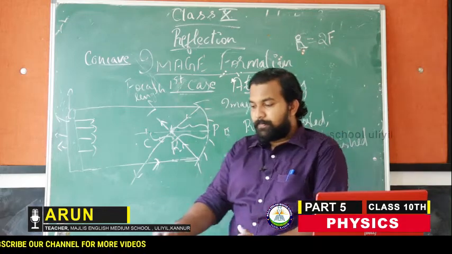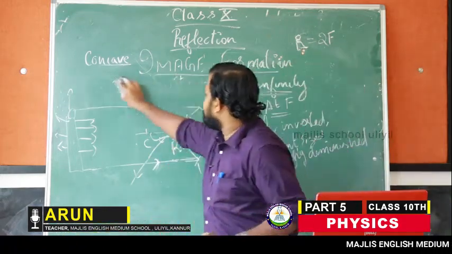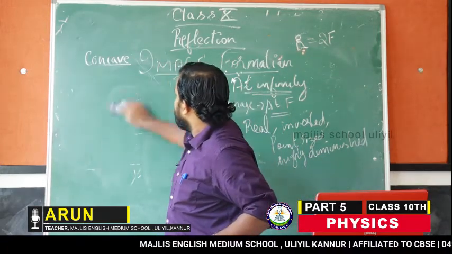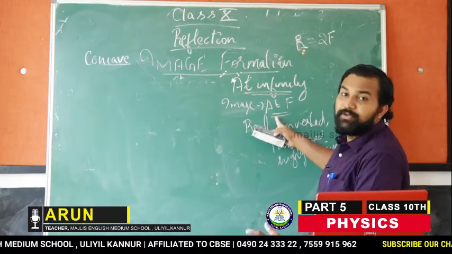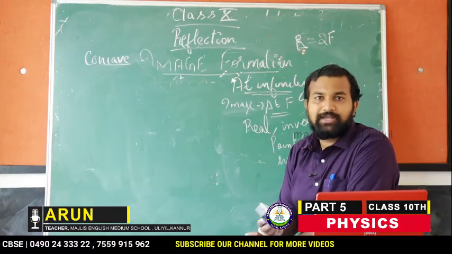So the first case is, if the object is at infinity, the image will be formed at the focus, and that image can be seen with the help of a screen.